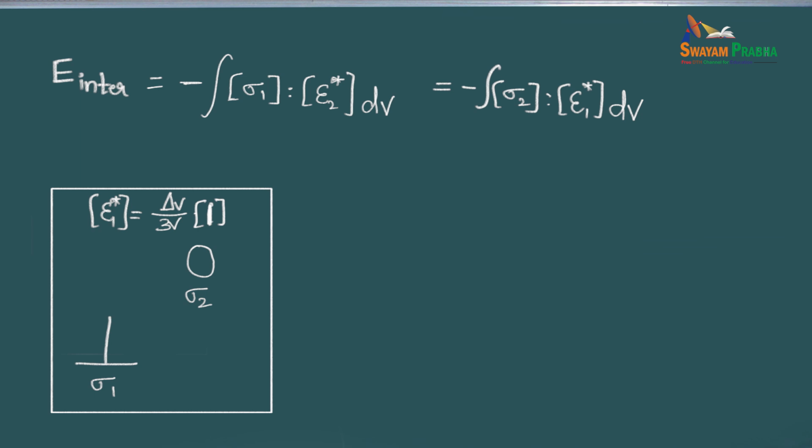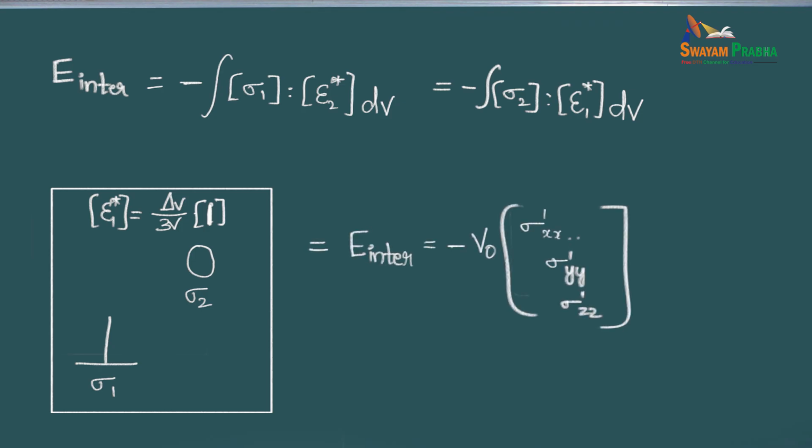So what will that expression be in this case? The E interaction will be minus the integral over the space of the stress field created by the dislocation, double contracted with the eigenstrain of the vacancy.